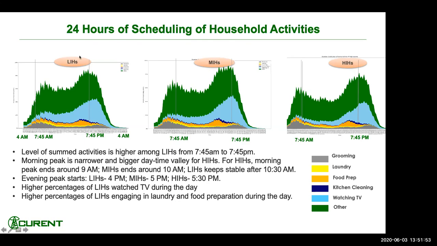Okay, so low income people watch a lot of TVs. Did you see that? They watch a lot of TVs. Yeah, so watching TV apparently depends on what type of TV consumes some energy. This is just inferred from the activity.